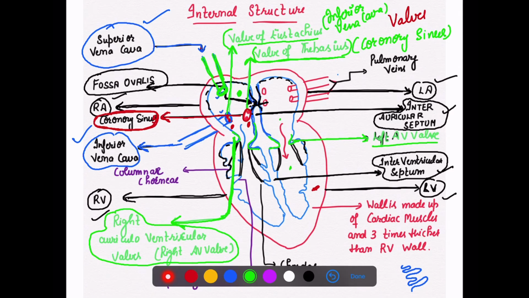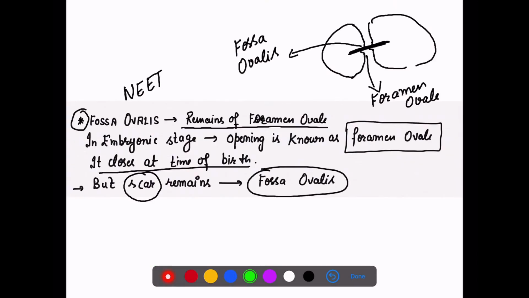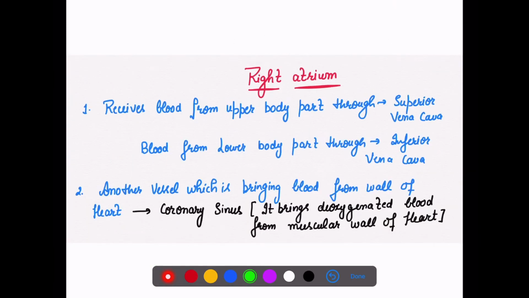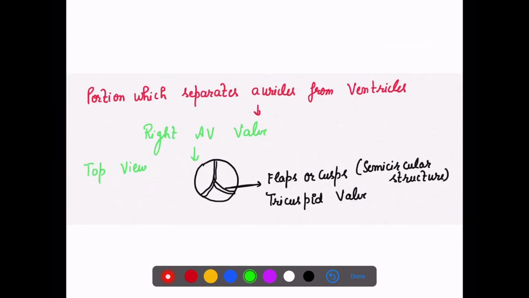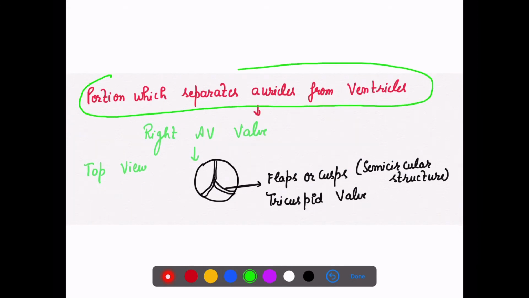Now this right AV valve is the tricuspid valve, and the left AV valve is the bicuspid valve. So let's look at the valve first. Valves prevent backward flow of blood. The portion which separates auricles from ventricles, on the right side, is the right AV valve.